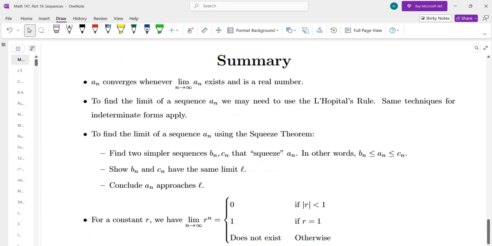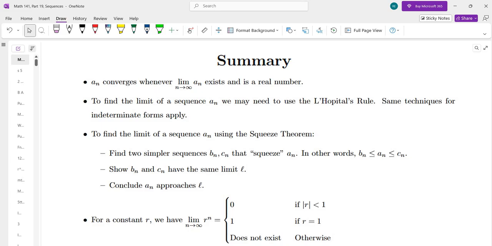Okay, so here is what we did in this video. An converges whenever the limit of an exists and is a real number. To find the limit of a sequence, you would typically use the same strategies. You could use L'Hopital's rule, or you could use other techniques of finding limits. To find the limit of a sequence an using the squeeze theorem, find two simpler sequences bn and cn that squeeze an.